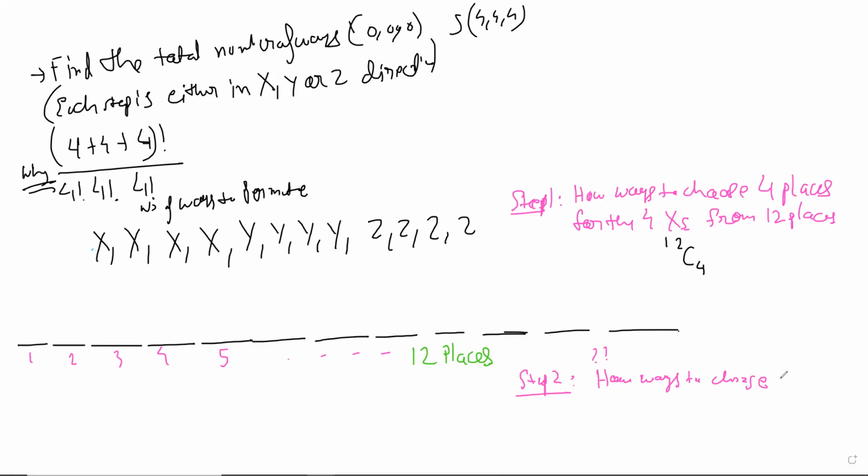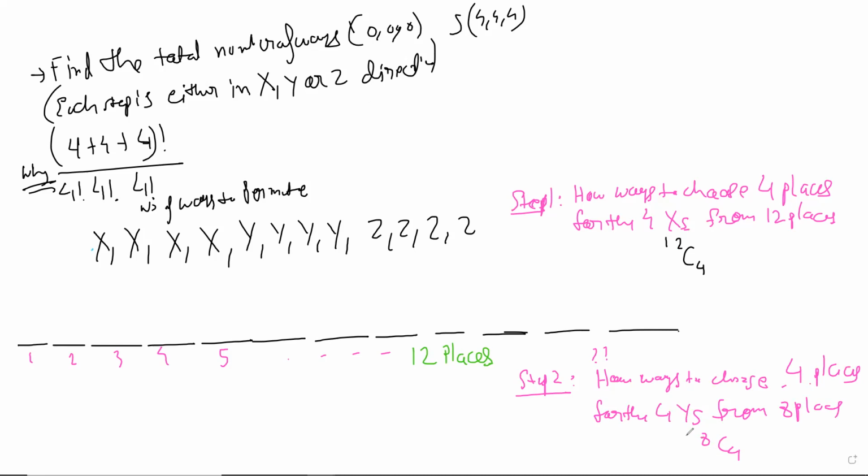And this way we are covering all the possibilities. How many ways to choose 4 places for the 4 y's from 8? That's 8 choose 4. And for the z's, that will just be 1, because whatever 4 places are left. But theoretically that's correct.